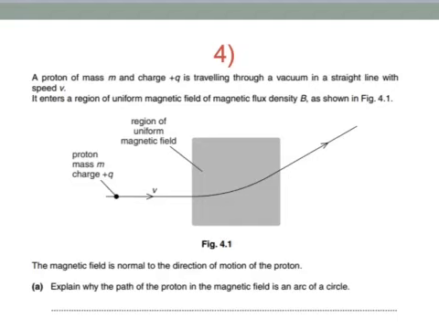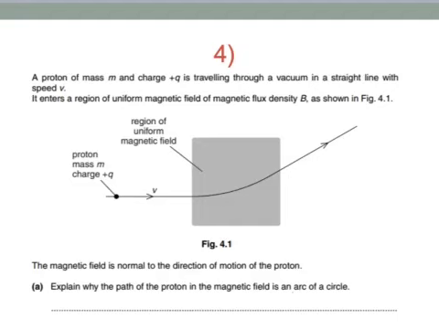Question 4. A proton of mass m and charge plus q is travelling through a vacuum in a straight line with speed v. It enters the region of uniform magnetic field of magnetic flux density capital B, as shown. The magnetic field is normal to the direction of motion of the proton. Explain why the path of the proton in the magnetic field is an arc of a circle. So to explain this, you need to talk about two things with 2 marks.